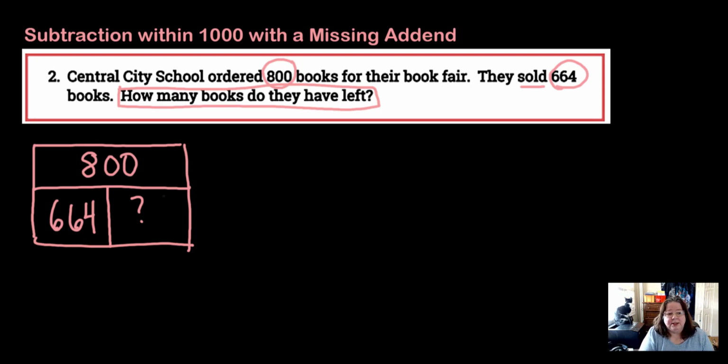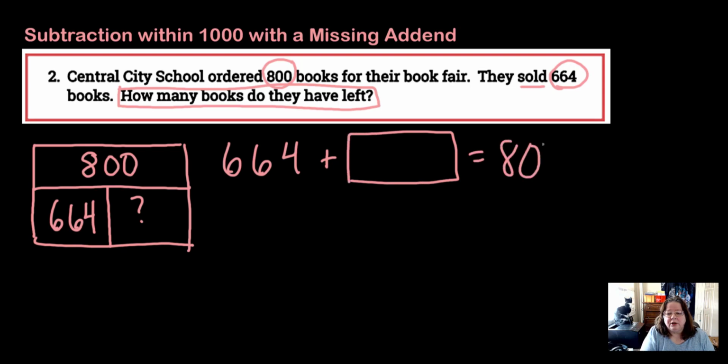So I can put this into a subtraction sentence. I could put this into an addition sentence. I'm going to do both. I know that 664 plus something equals 800.